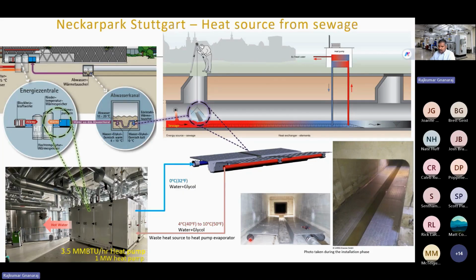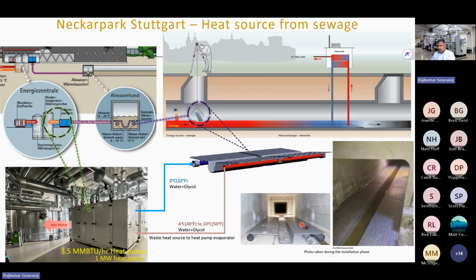So this is the heat exchanger where they pass the cold glycol, and it passes between the plates, and then the warm glycol comes out of this heat exchanger. These photos were taken during the installation phase, so there is no sewage water flowing on the heat exchanger, but you can get the idea that the sewage water flows above the heat exchanger, and the glycol loop inside the heat exchanger picks the waste heat from it.